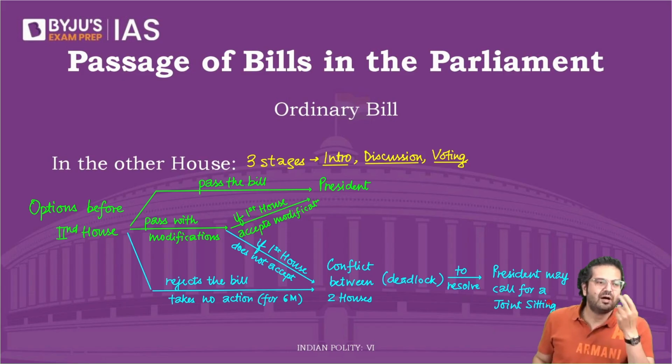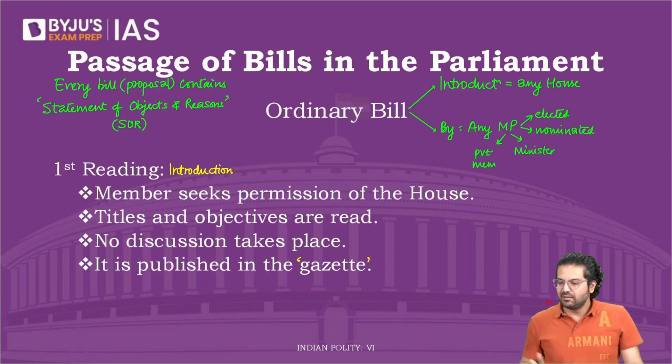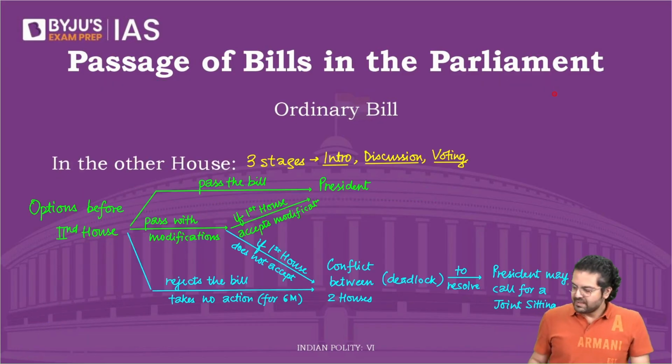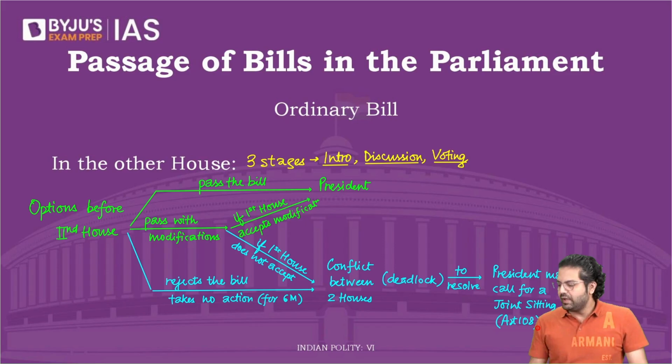Prachurya, first house, it can be any house. Bill can be introduced in the Lok Sabha or the Rajya Sabha. Are we clear? Joint sitting. This is what is called a joint sitting under the provisions of Article 108.